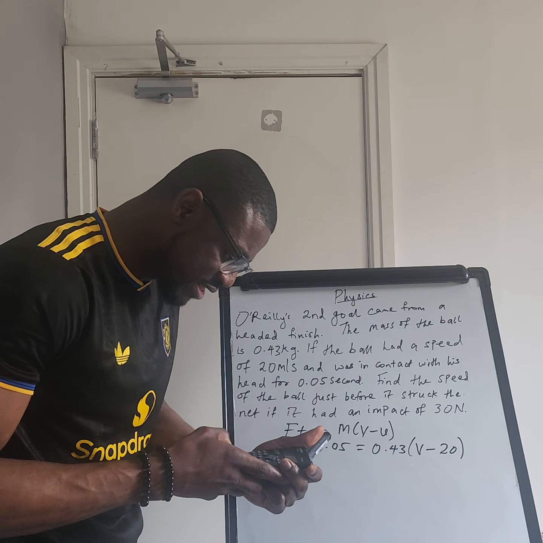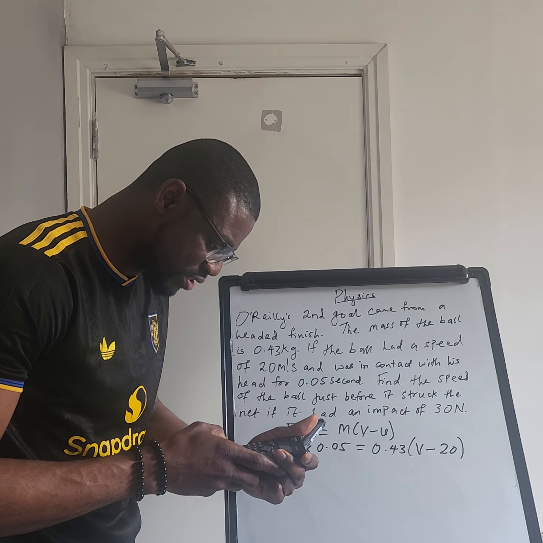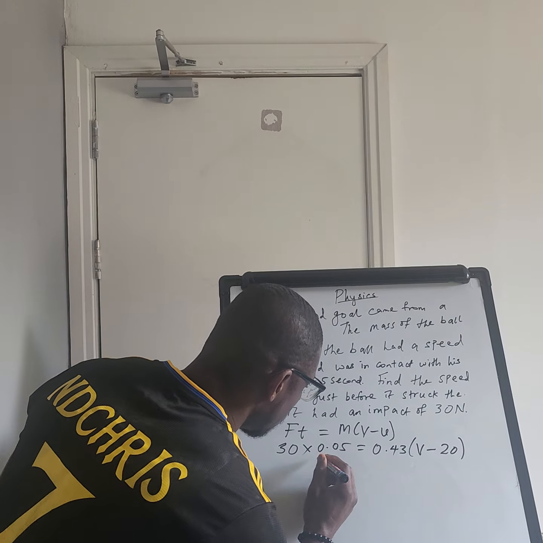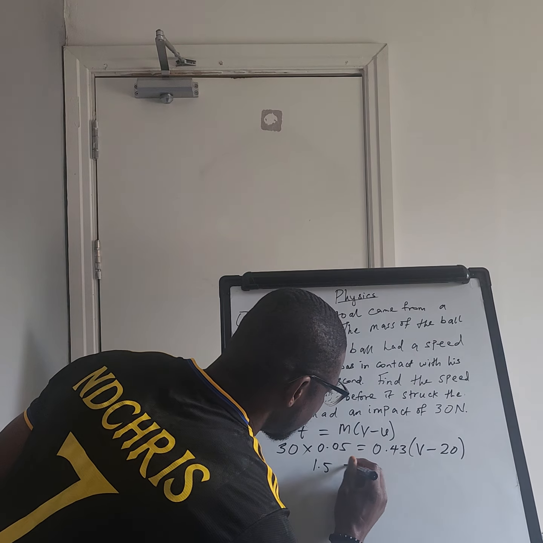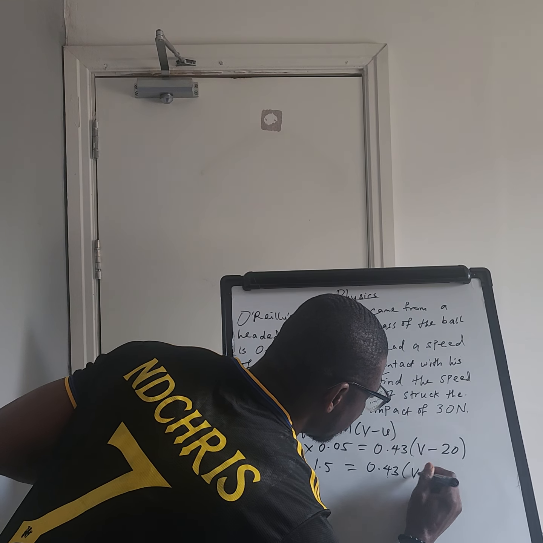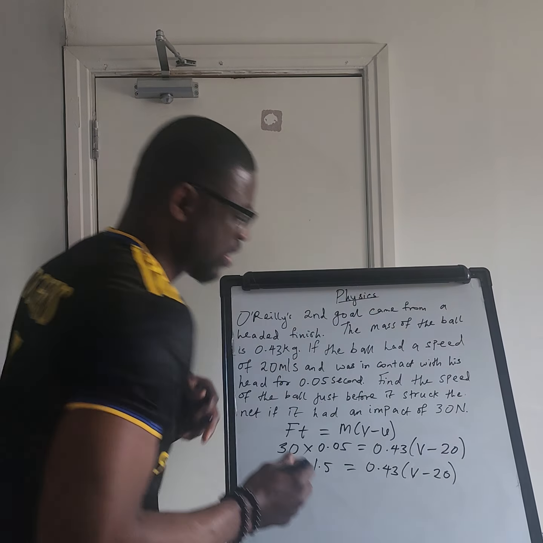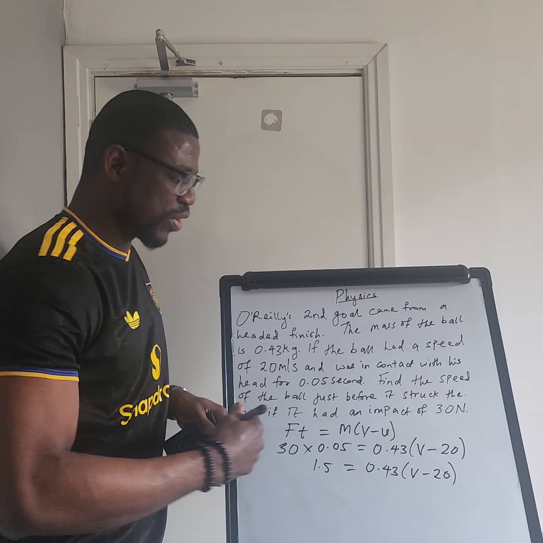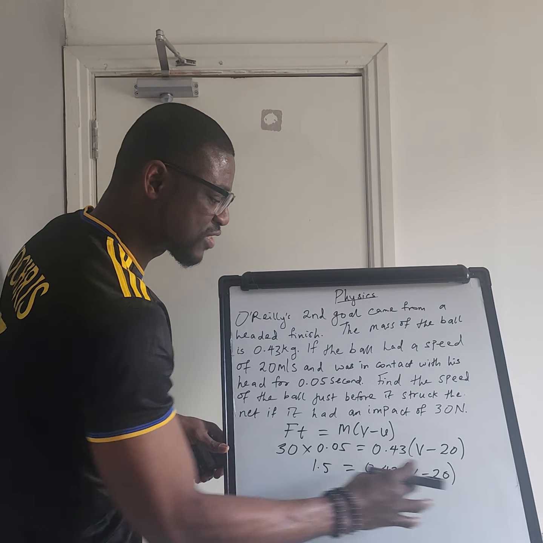So 30 multiplied by 0.05 will give us 1.5, which equals 0.43(v - 20). To remove this bracket, we're going to divide both sides by the coefficient of the bracket.